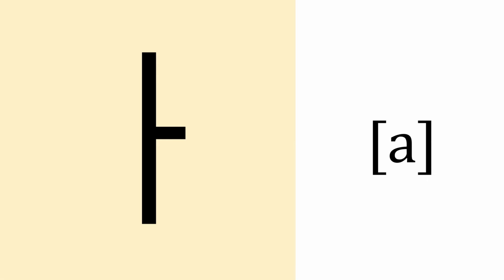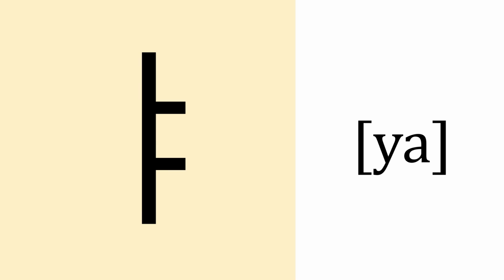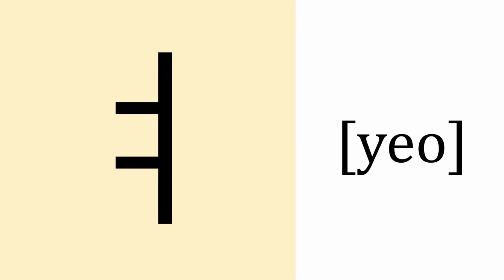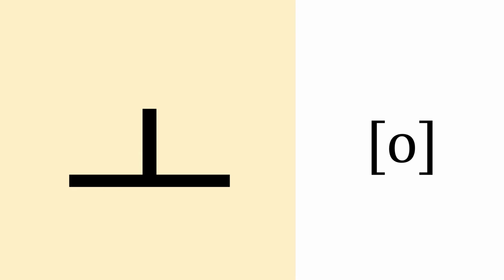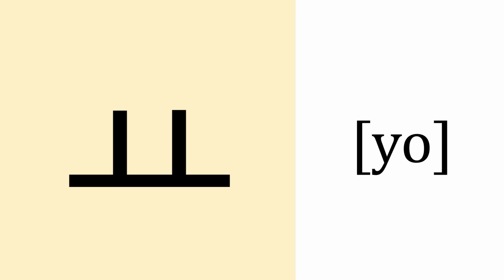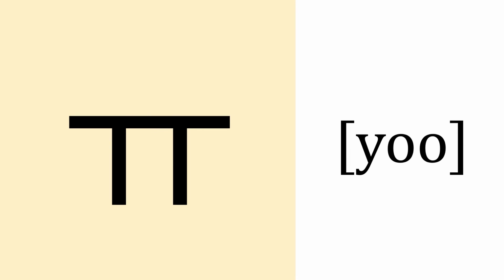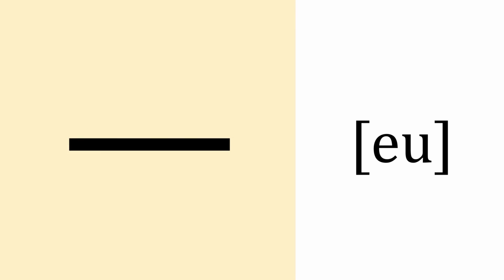You can just call it by its sound. This is 아, 야, 어, 여, 오, 요, 우, 유, 으, 이.